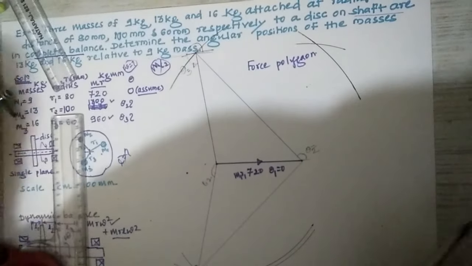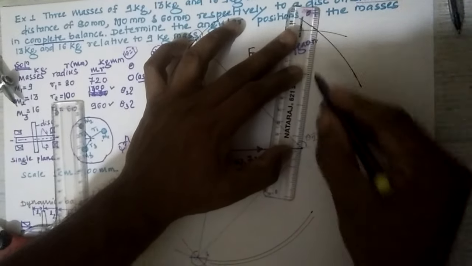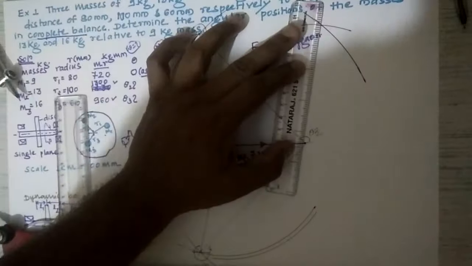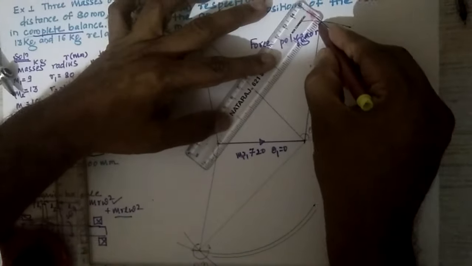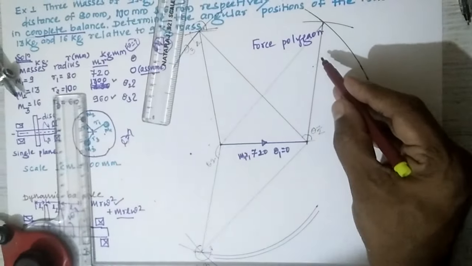You can draw this way. Okay, I'll draw this one using a different color to identify the things. Okay, you can draw in this way also. Okay, you can find this way also.